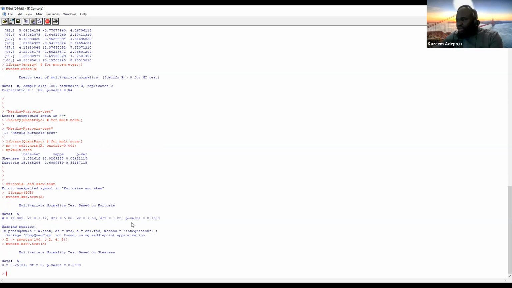Look at the p-value right here. The p-value is 0.1603, which is greater than the level of significance. So this is the kurtosis version. Like I said, this test also has a kurtosis and a skewness version, just like the Mardia test.